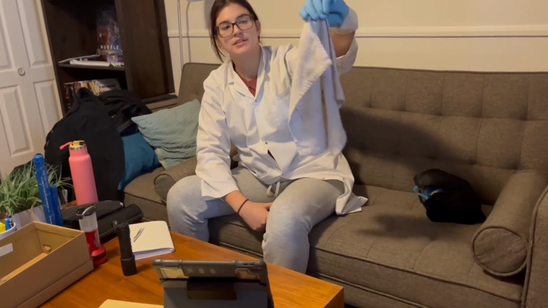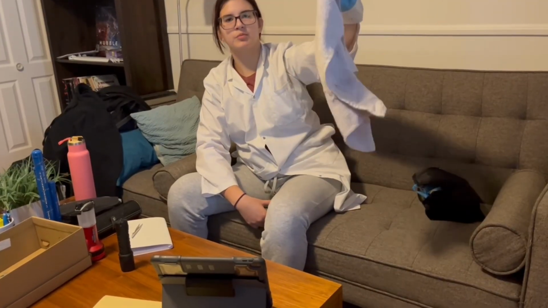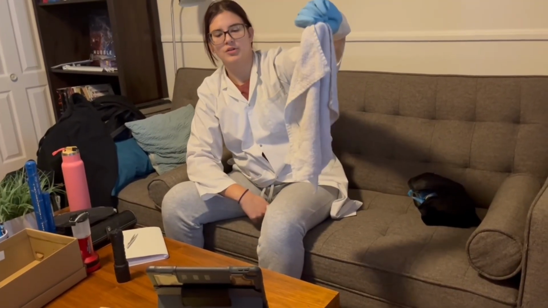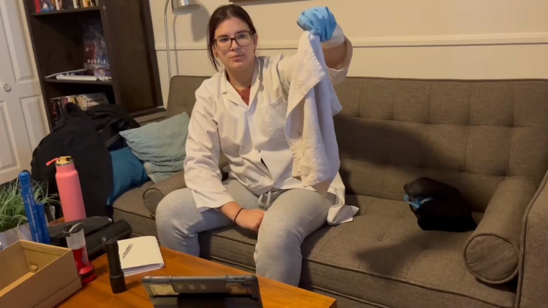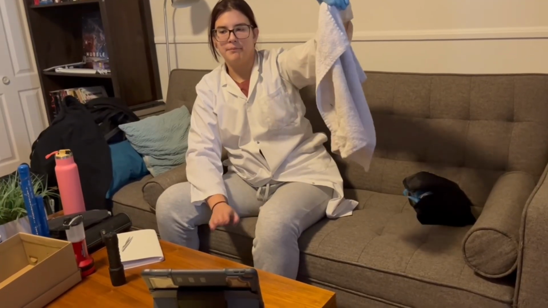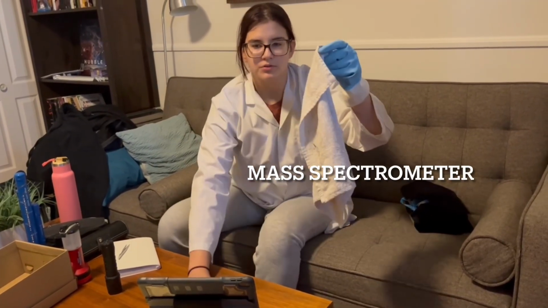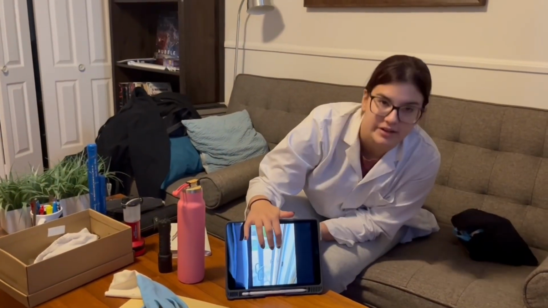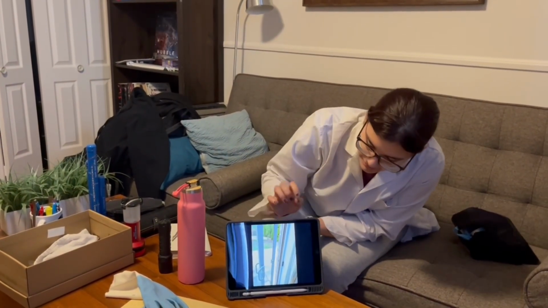So we're not sure what's on it. It's kind of damp, so we know something's on it. We're not sure what. So we're gonna put it to a mass spectrometer to analyze it and find out what substance is on it.